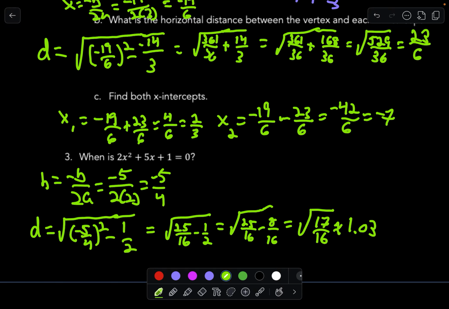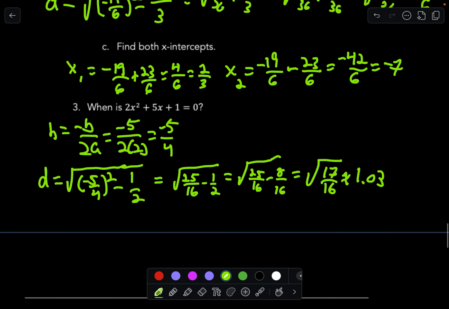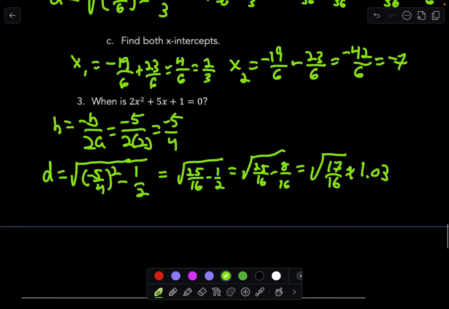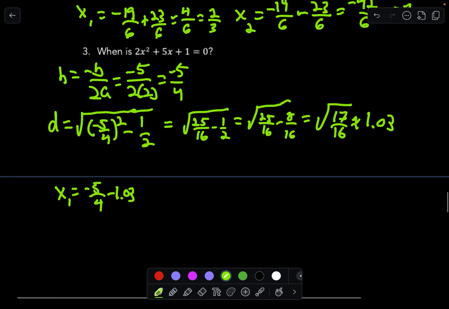So if we wanted to find the x-intercepts, the first one would be negative 5/4 minus 1.03, and then the other one would be negative 5/4 plus 1.03.